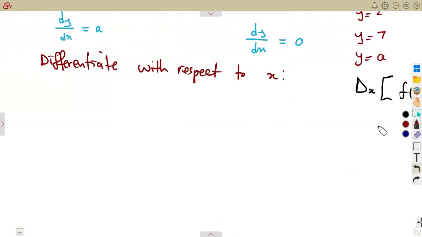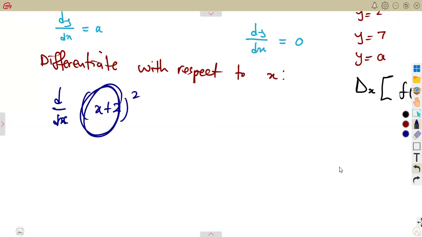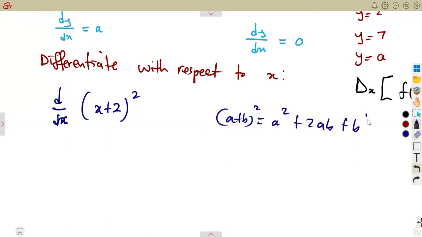So whether we are given with respect to x and this is given as dx like this, and we have got something like this, x plus 2 squared. Expand brackets. So you're going to have the concept there. Remember the concept of a plus b squared. Guys, in short, we do understand that a plus b squared is equal to a squared plus 2ab plus b squared. So there's a plus, so it's going to have dx, expand brackets.